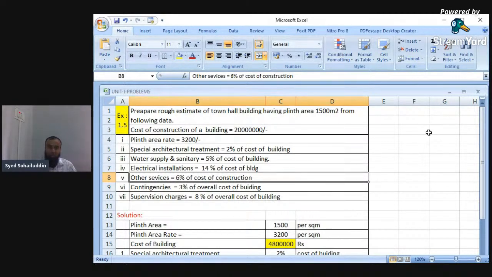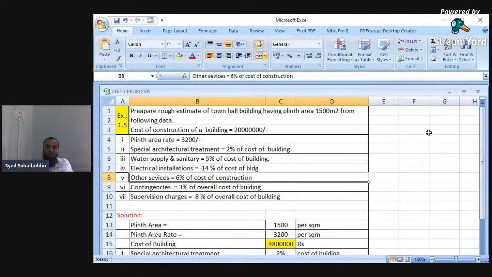Water supply and sanitary requires only 5% of the cost of building. But electrical installation will require 14%. There may be some change in these percentages, but near about these percentages of the cost of building will be required for various items of work, whether it is architectural, water supply, or electrical installation.